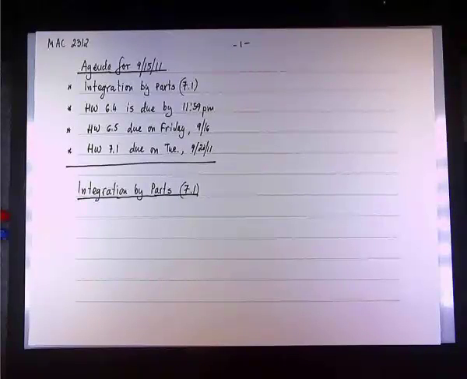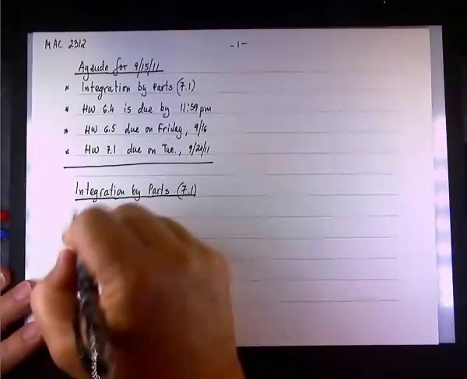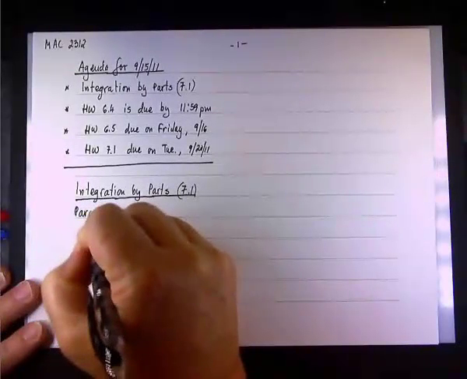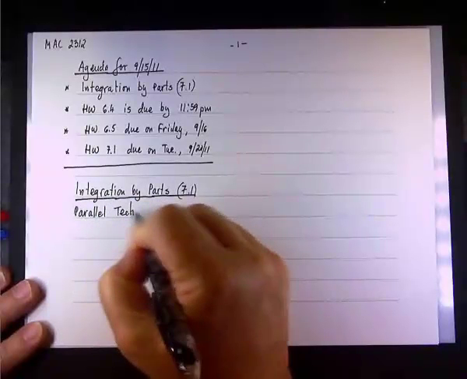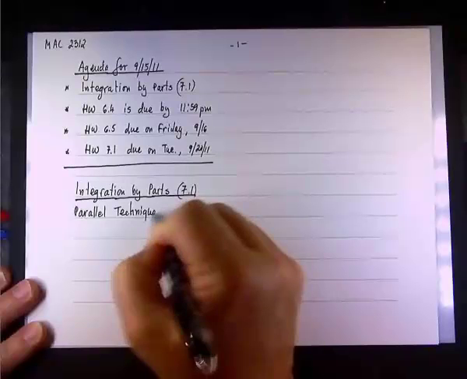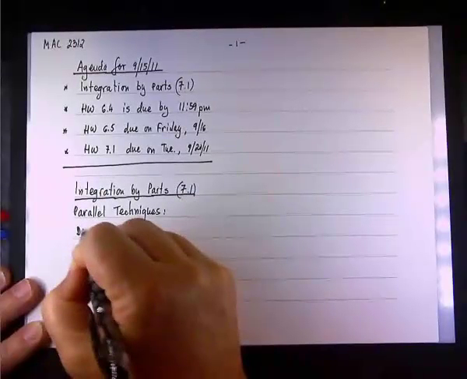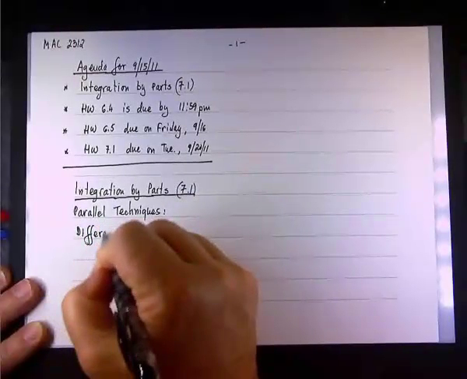the substitution to undo the chain rule. So in these parallel techniques, you're going to see it also in integration by parts. So here we go. Let's write parallel techniques, and we are equating techniques in differentiation to integration technique.